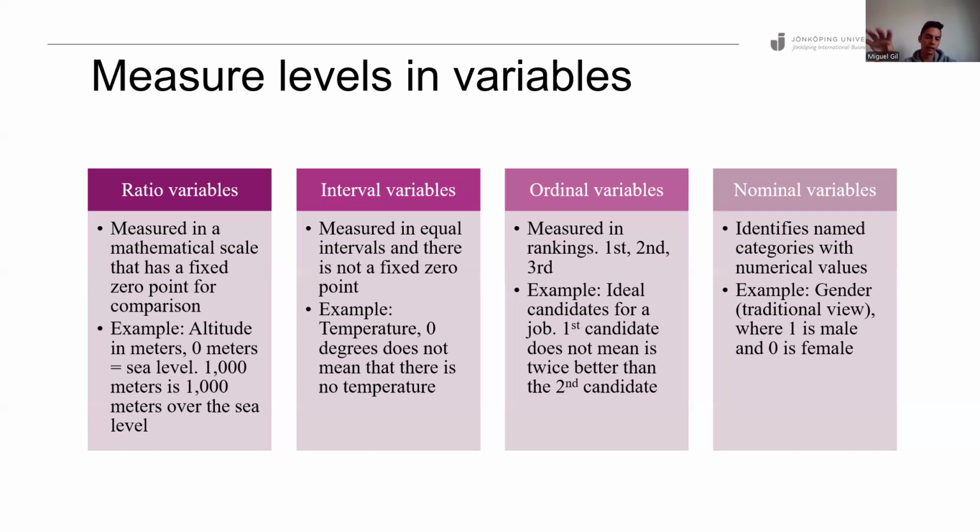For example, if we want to understand gender, we have one for male, zero for female, and two for I don't want to disclose. The difference between them doesn't tell you that one is less than two. It only tells you that it is different, and that's it.